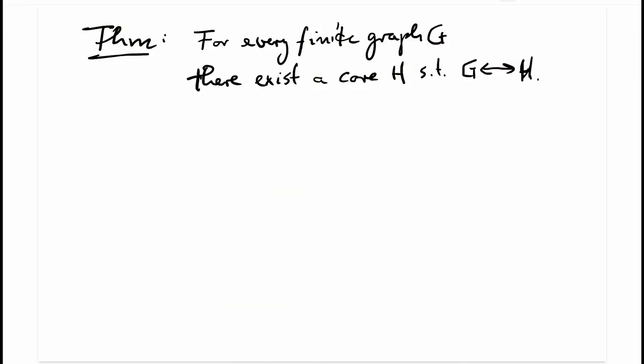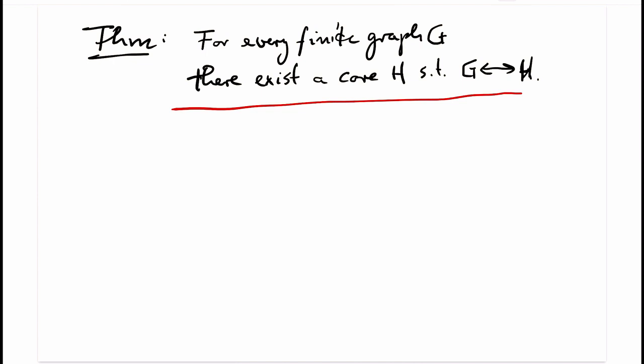One of the first things that we want to prove about cores is that every finite graph is homomorphically equivalent to a core graph, H. That's what's written here. How do we prove that? Well, suppose our graph G is not a core, otherwise we are done.